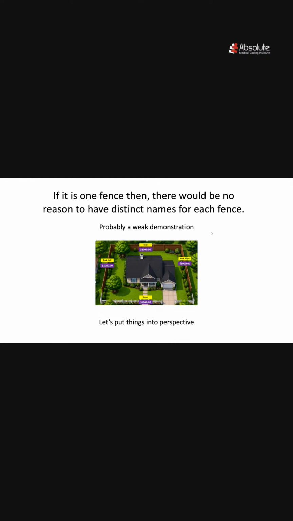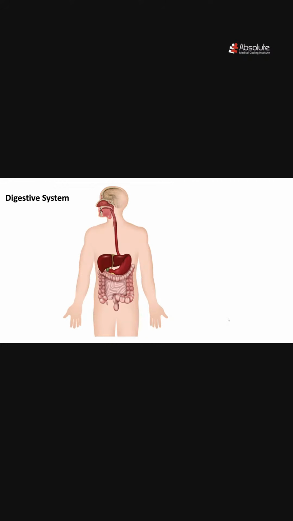But let me put things in perspective. You can have the same yard and different parts of the yard can coexist, like the digestive system. It's one system, right? The digestive system begins at the mouth and ends at the anus. But it's the same system. And when you talk about it, the mouth has its own procedures.